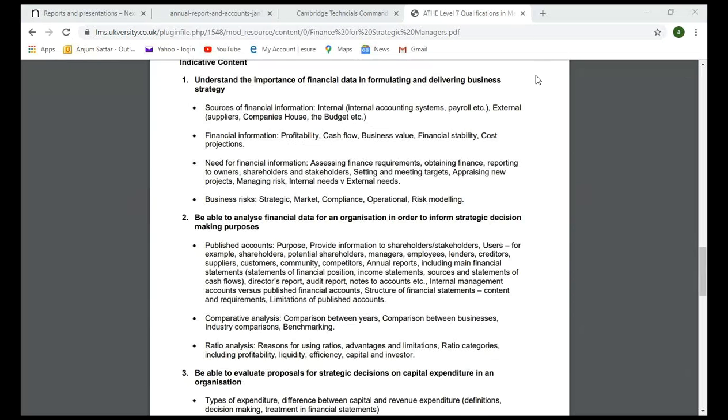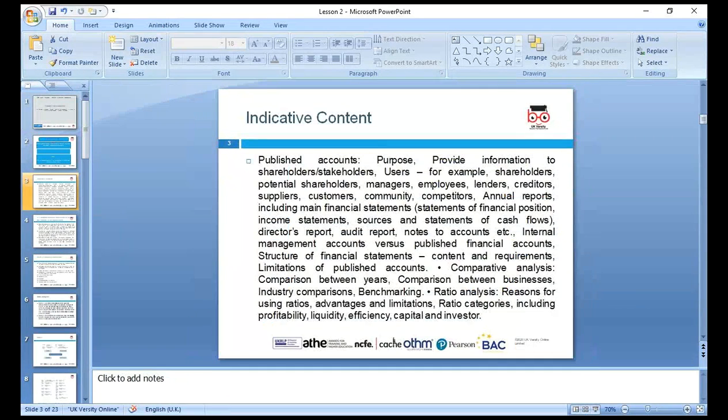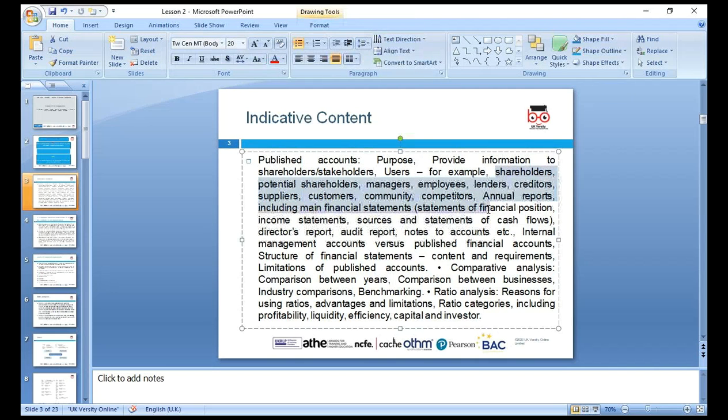Any question? No. Okay. Today's lesson keywords: the published accounts, which we discussed, and shareholders, different shareholders and managers, who are called stakeholders. They can make decisions based on the financial analysis.